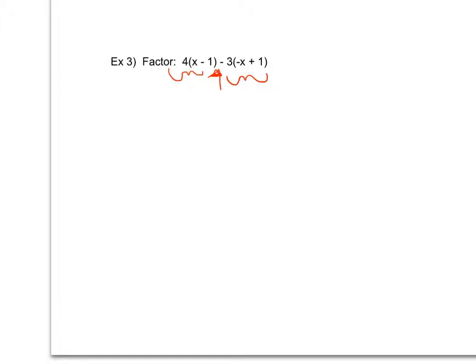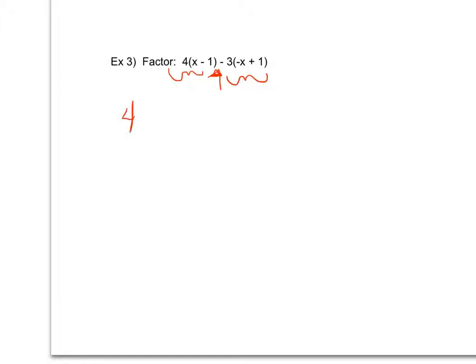So what would happen if I took a GCF of negative 1 out of here? Well, if I take negative 3 times negative 1, don't I get its opposite 3? If I take negative 10 times negative 1, don't I get its opposite 10? If I take negative 8 times negative 1, don't I get its opposite 8? So if I need these to be the same, and right now I have opposites, if I factor out a negative 1 from either of them really, but I'll do it from the back one, I should be able to obtain the same thing.